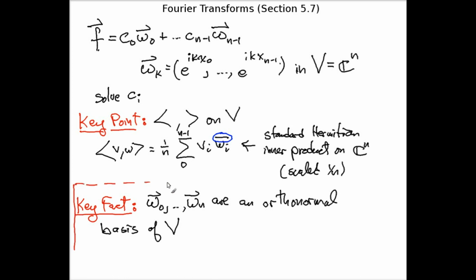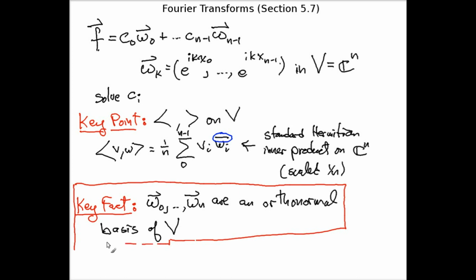So this is a tremendously powerful fact, because when you have an orthonormal basis, lots of computations become easier. So let's derive some consequences of this and then see why this is true.